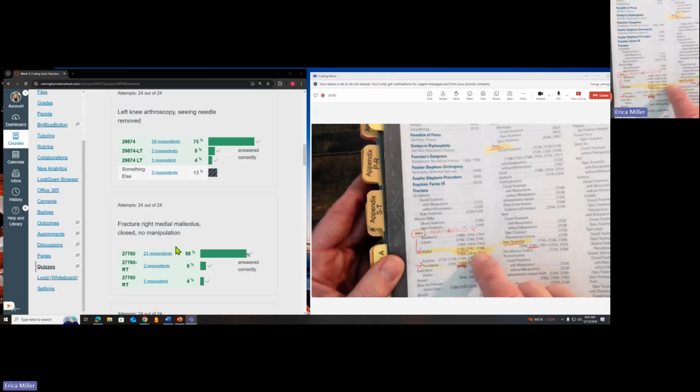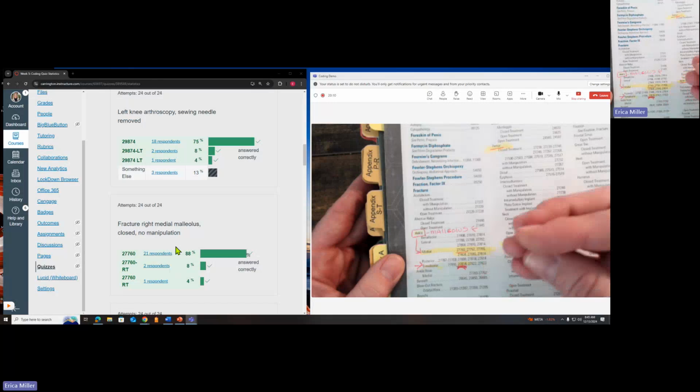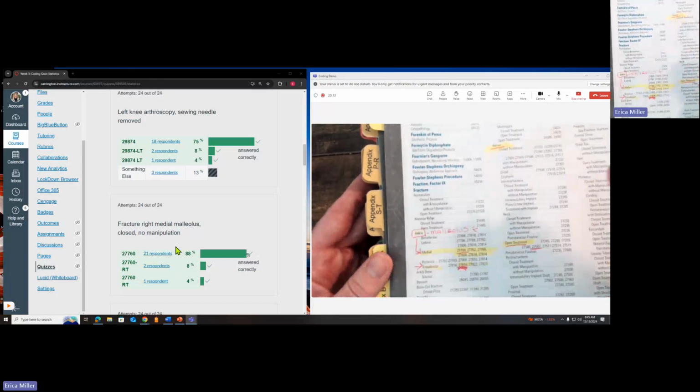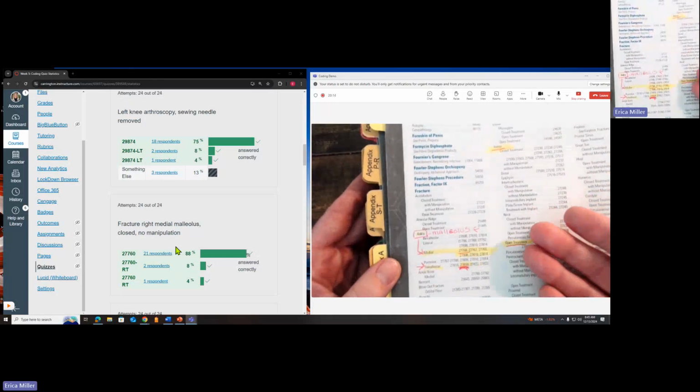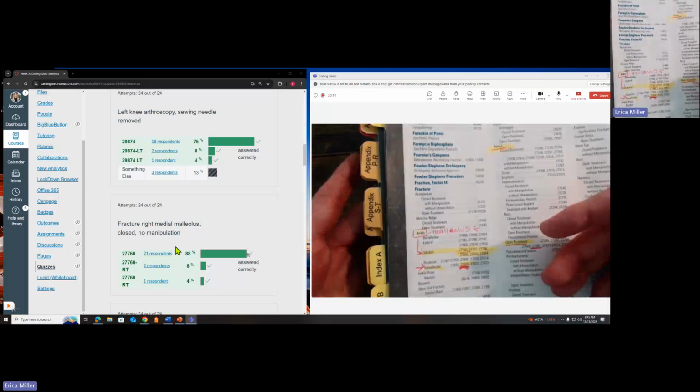and then you have several codes that you have to review. Now, the only thing that I have not been able to capture from my index is that this was a closed, no manipulation. So those are the two identifiers, keywords that I'll be looking for in my tabular section.